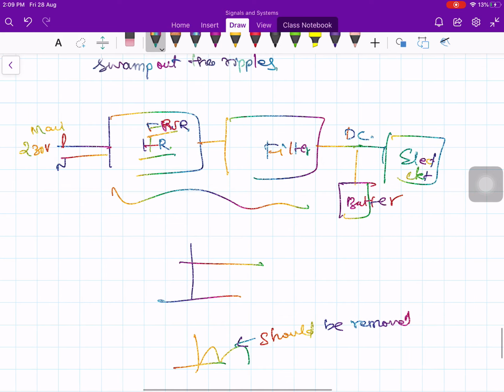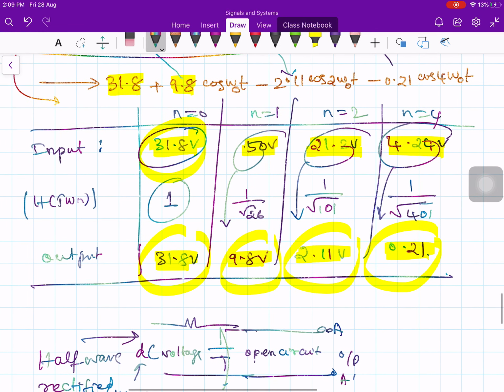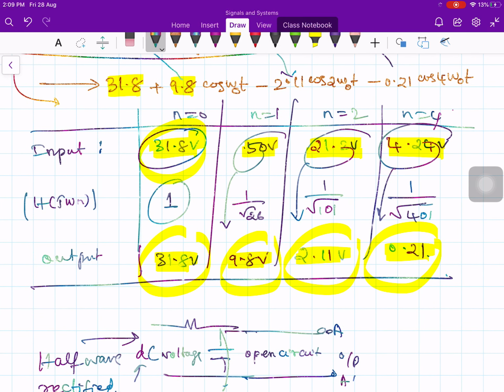See here, at higher frequencies, here the frequency is 4 omega naught, here 2 omega naught, and here omega naught. When the frequency is omega naught, the input is 50 volts and the output is 9.8 volts. At frequency 2 omega naught, that is 100 hertz, with f naught equal to 50 hertz, the input is 21.2 volts and the output is 2.11 volts.